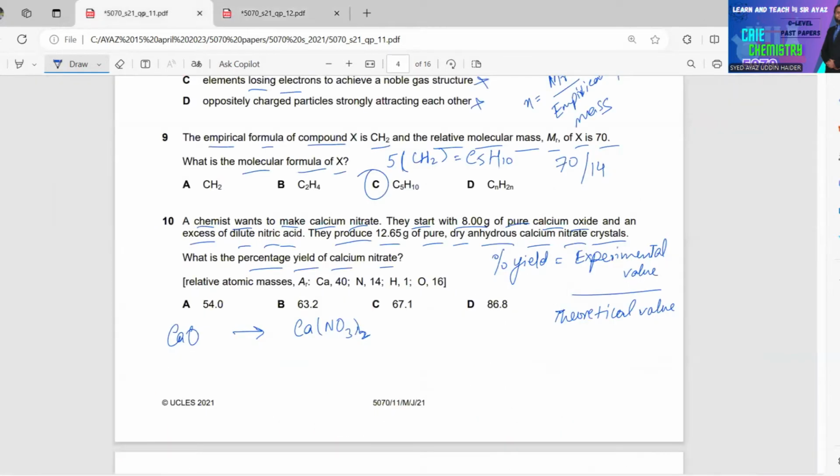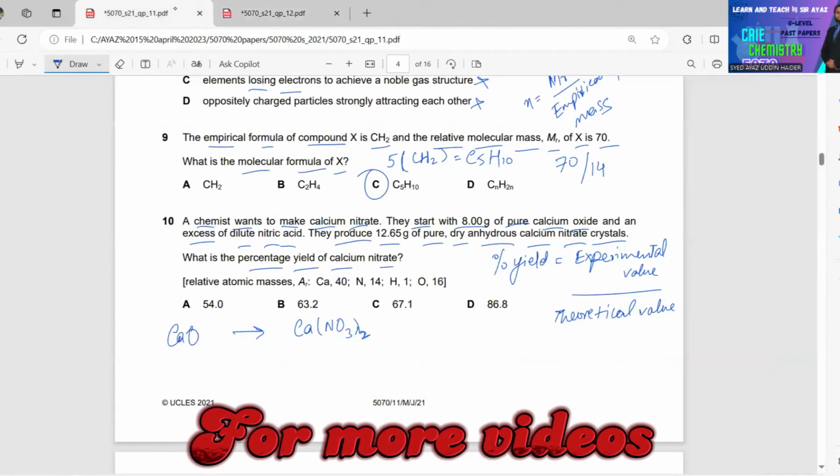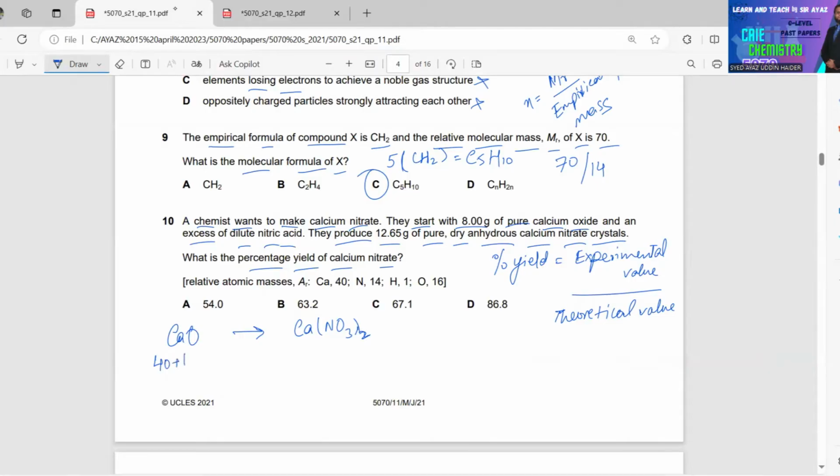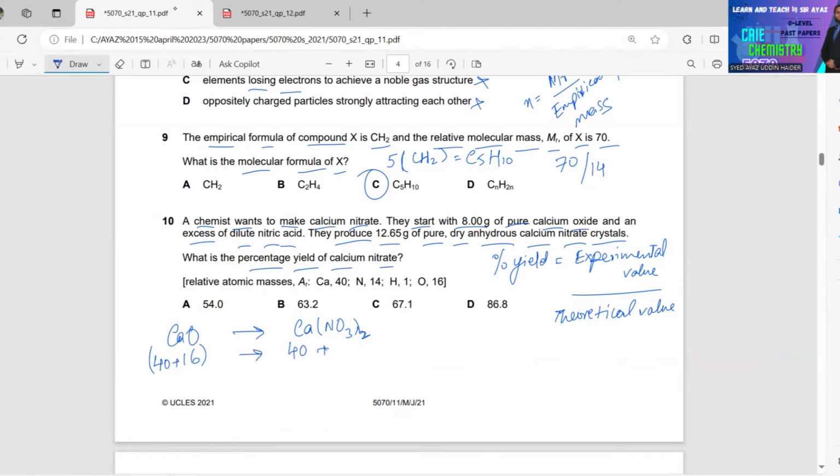So CaO will add 40 plus 16. What about Ca(NO3) whole twice? Ca again 40 plus we have 2 atoms of nitrogen, 2 multiplied by 14, plus 6 multiplied by 16 for oxygen.